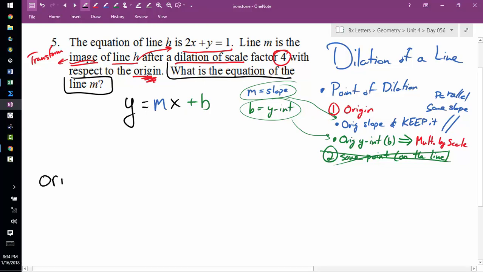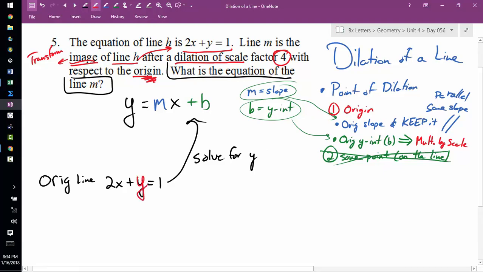All right, so we've got the original line here, and that is 2x plus y equals 1, and we need to solve for y, because we need to put it in that y equals mx plus b form so we can find the slope and the y-intercept very easily. So I'm solving for y. I need to get rid of this 2x.